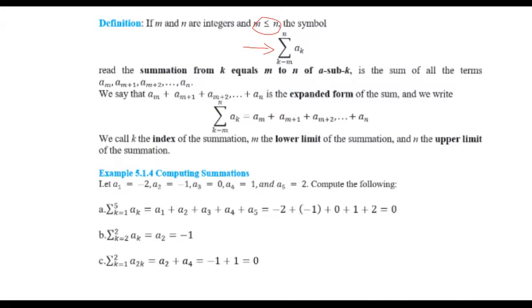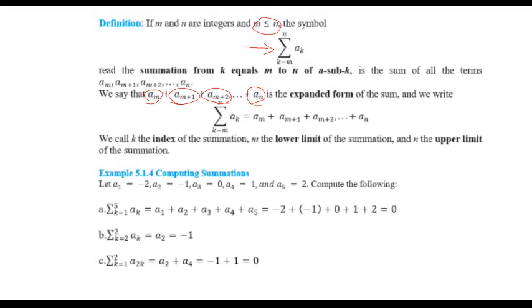So it's equal to a sub m plus a sub m plus 1 plus a sub m plus 2 all the way to a sub n.